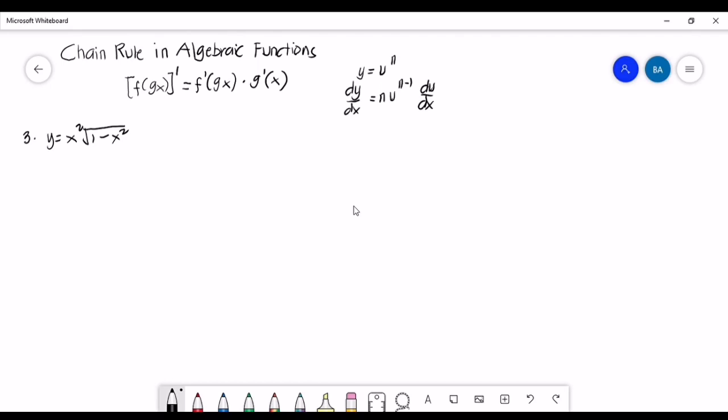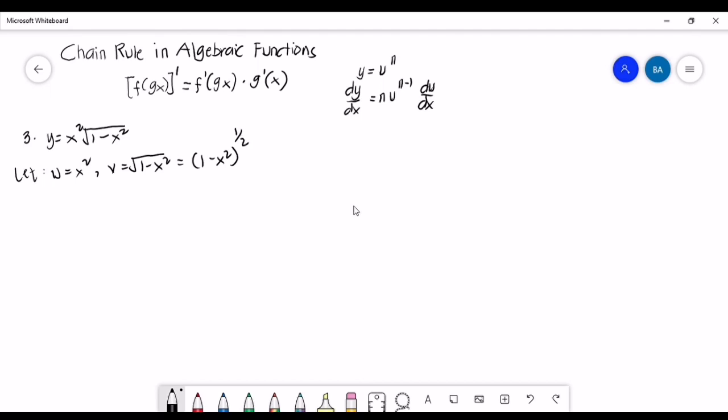Let u be our x squared, and v equal the square root of 1 minus x squared, or (1 minus x squared) raised to 1/2. So they are just equal.